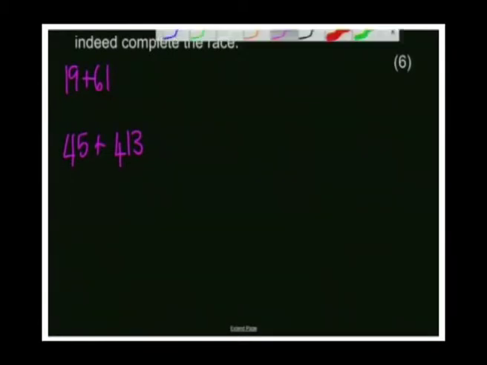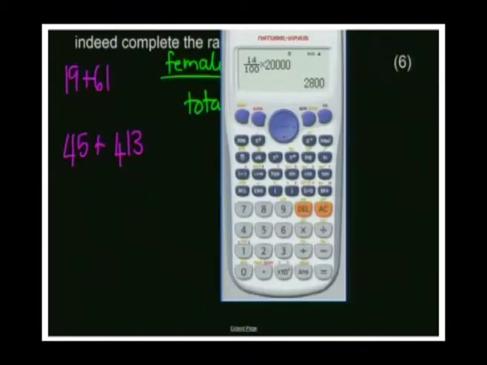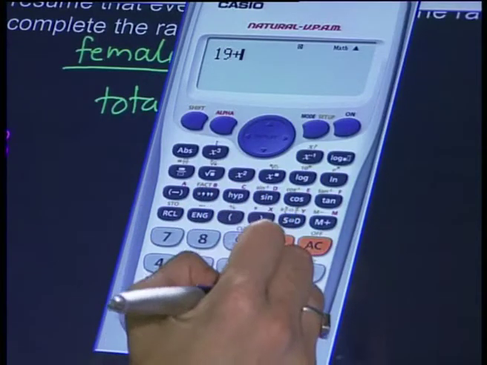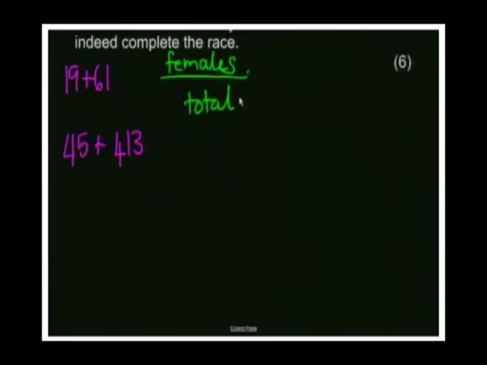First of all, I'm going to do all my females first, and let's do them in green. In total, we have 19 plus 61, which is 80. So we had a total of 80 females participating.